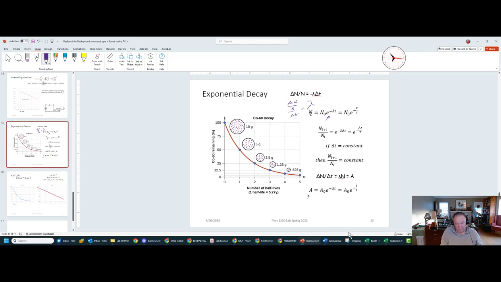So anyways, if you have a situation where the number of things that decay is dependent on the number that's there, I'm going to sum this up quickly. The number of decays is a function of the number of things that can decay, and that means this is when you have an exponential decay.